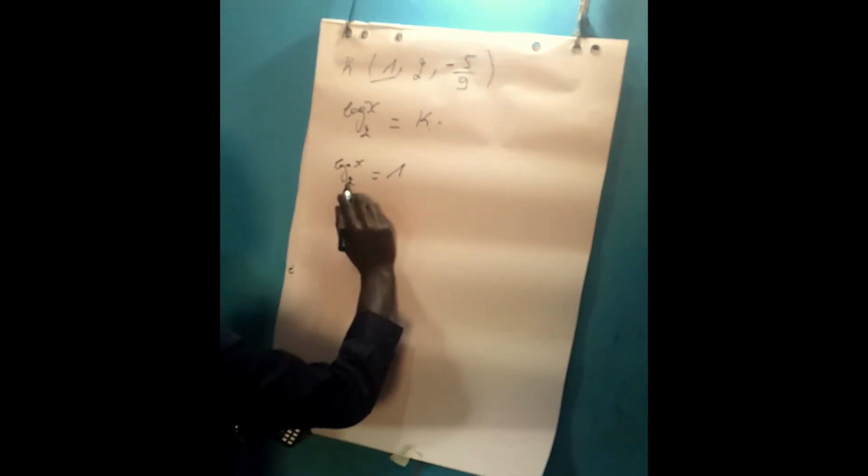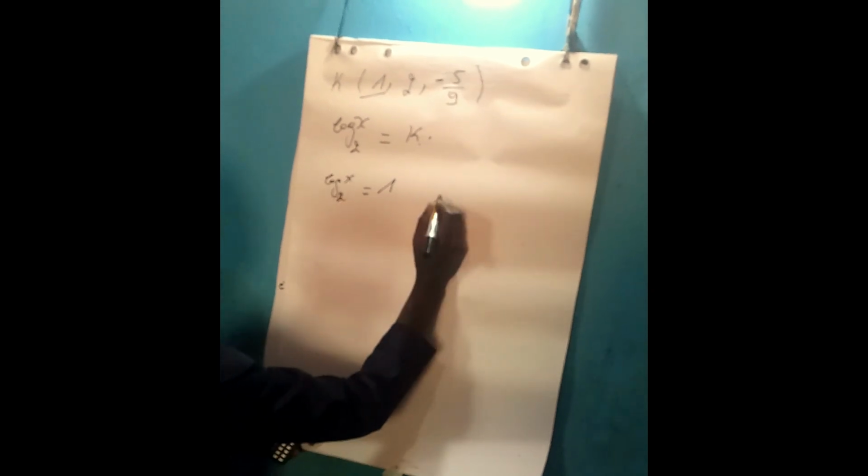Now we are going to get this x. So let's take the first solution. Logarithm of x base 2 is equal to k1, which is equal to 1. As a basic rule of logarithm, base to the power answer is equal to this number. It means 2 power 1 is equal to x.